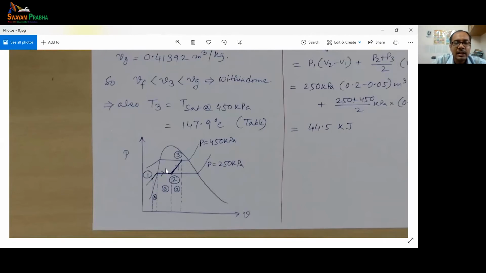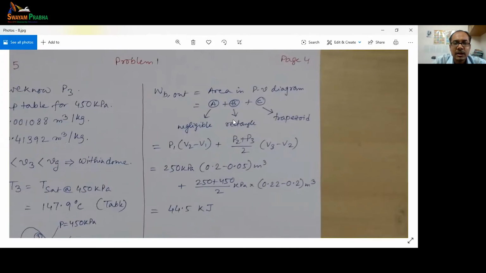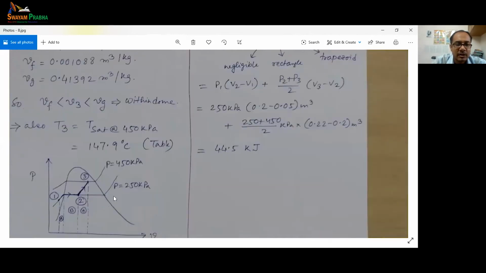So the area under the curve from 1 to 3 will be effectively B plus C. B is a rectangle and C is a trapezoid, right?